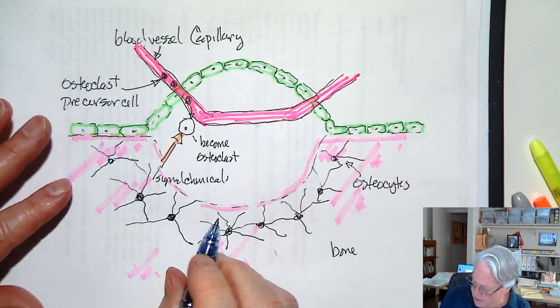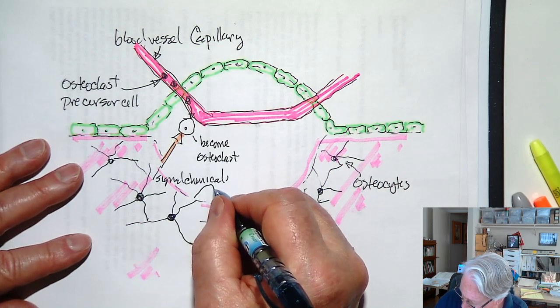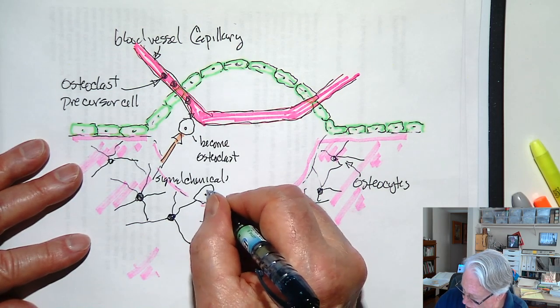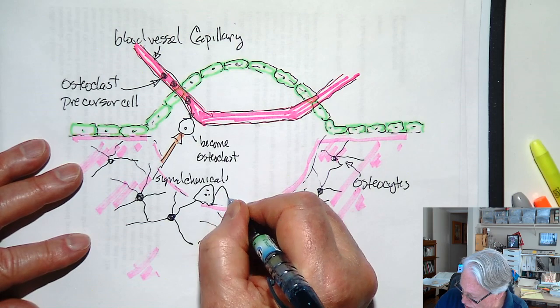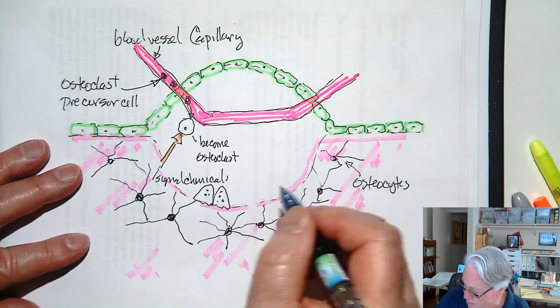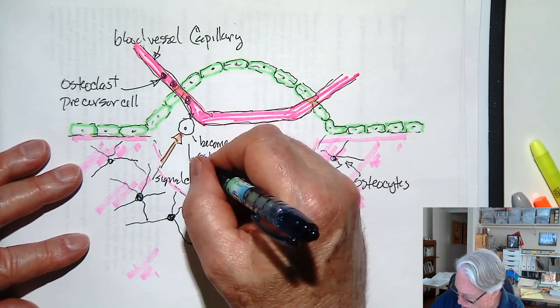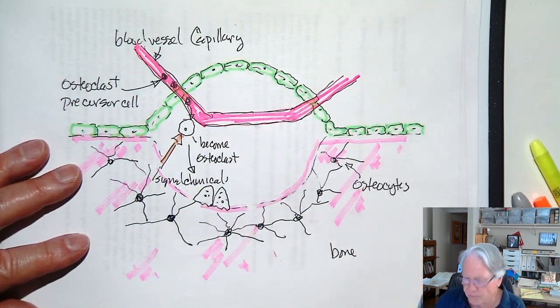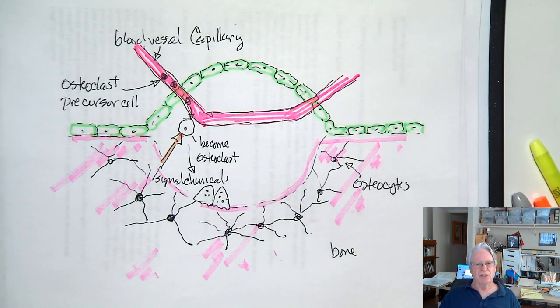And they settle down on the surface and they begin to work their magic on the bone surface, breaking down bone. So the bone surface is being eroded away.